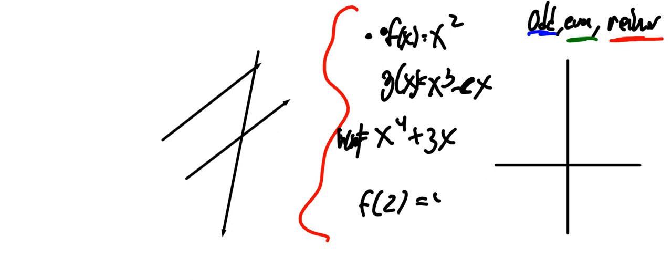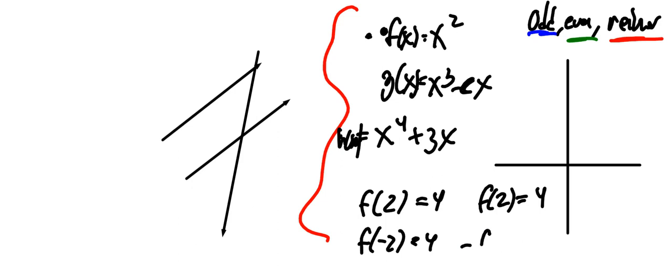Sorry. But f of negative 2 also equals 4. Now, that's the even criteria. What about the odd criteria? The odd criteria says that f of 2 is equal to 4, meaning that negative f of 2 should equal 4, but it doesn't. It equals negative 4.